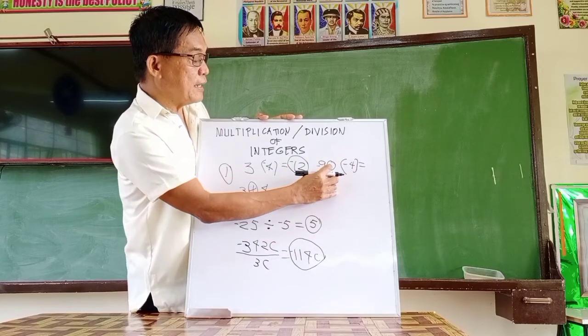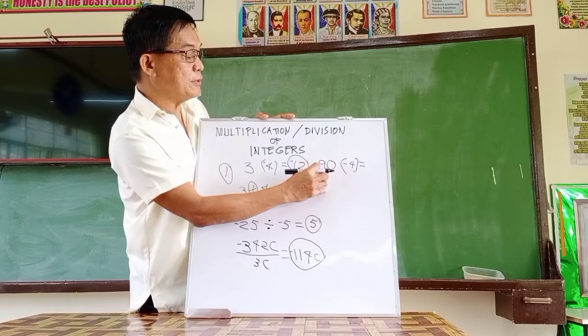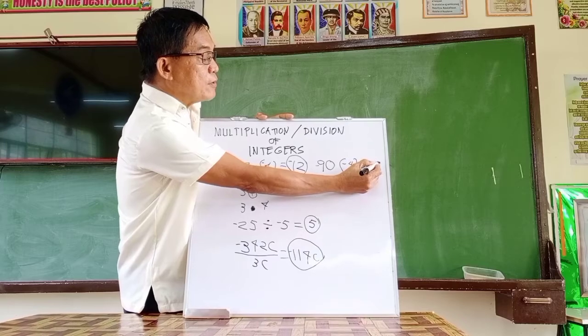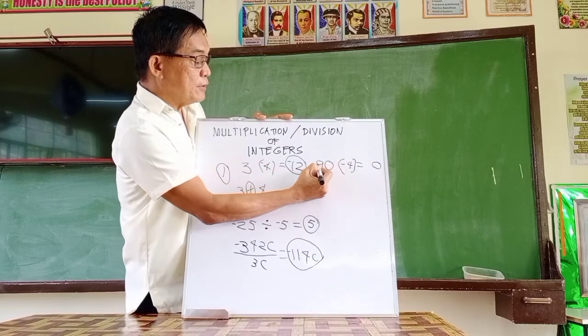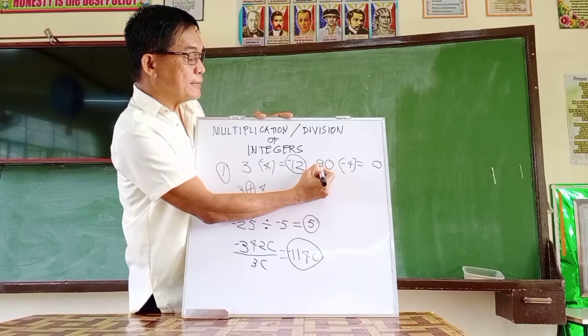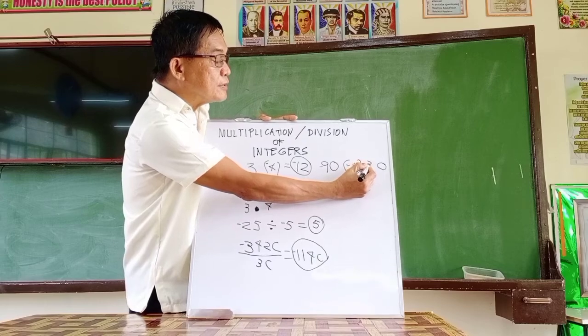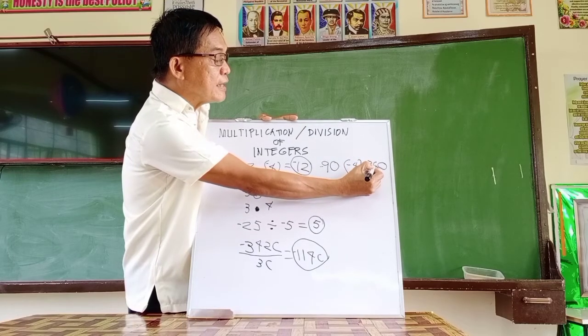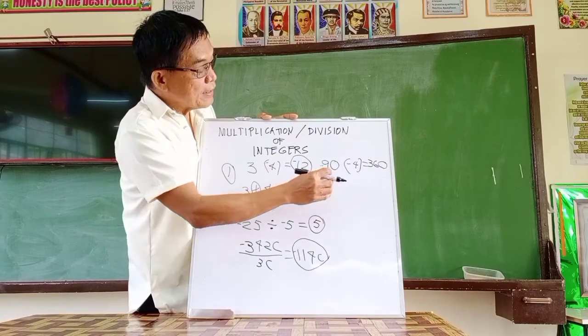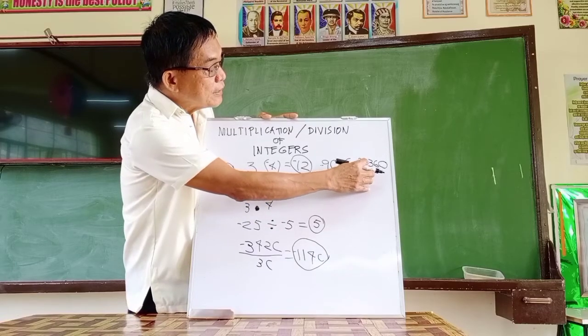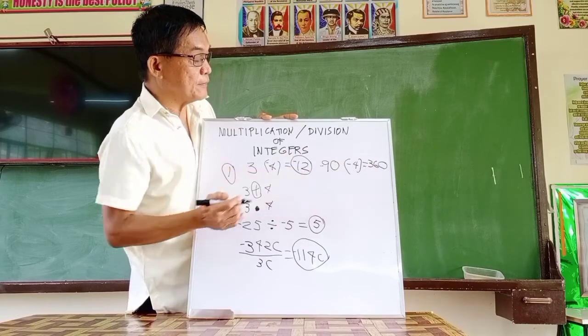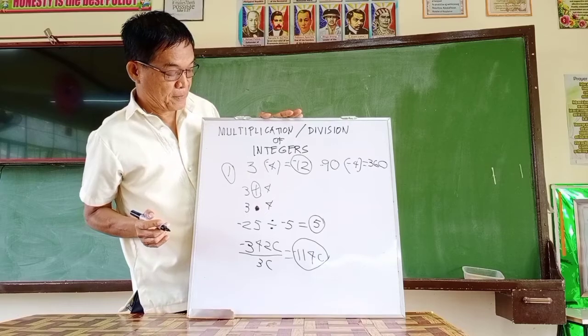So positive, then since it is multiplication, 0, then 4 times 9 is 36, so 360, positive 360. Equals sign, 360.